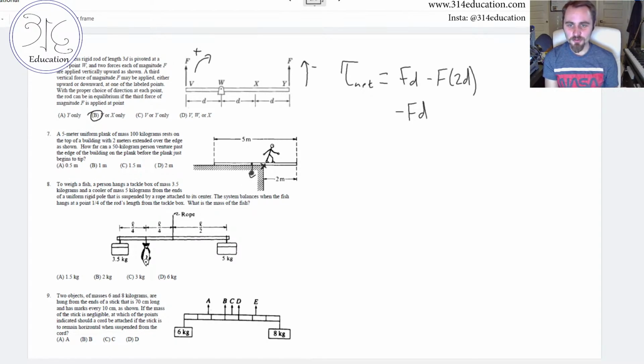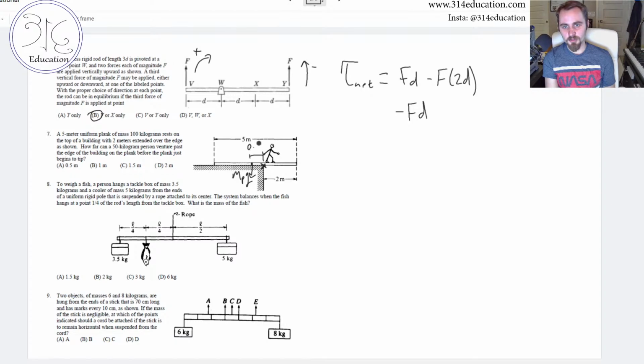Basically, we can treat the first torque as the mass of the plank times g at some distance r away. In fact, we know this r, right? Because this is at the 2-meter mark, and the plank is 5 meters long, we expect the center of mass to be at 2.5.